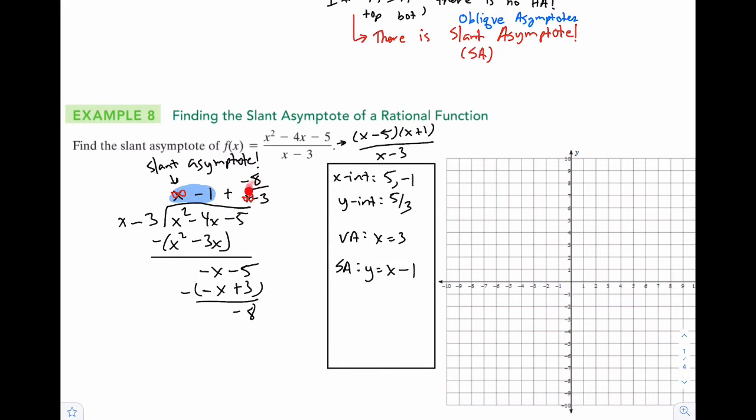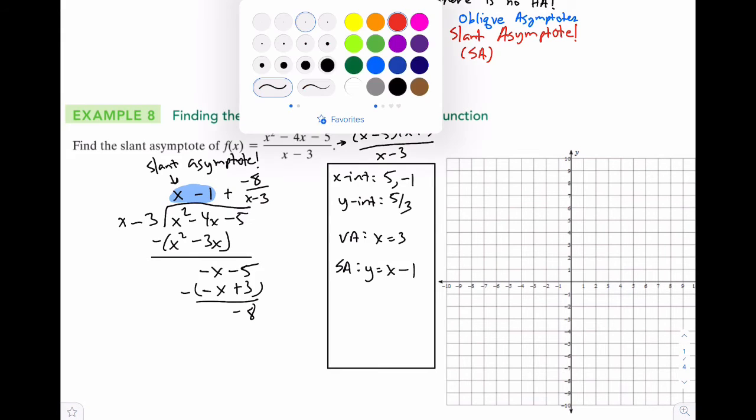This thing will go to 0 because it's a constant over infinity. This thing doesn't matter. And we're left with this expression, x minus 1 or infinity minus 1, which means the graph will tend towards infinity, but to be more specific, it'll tend towards x minus 1. So it'll make more sense as we graph it.